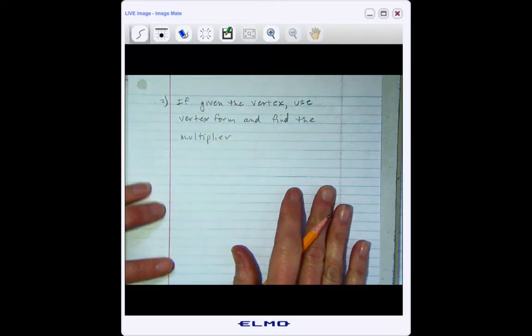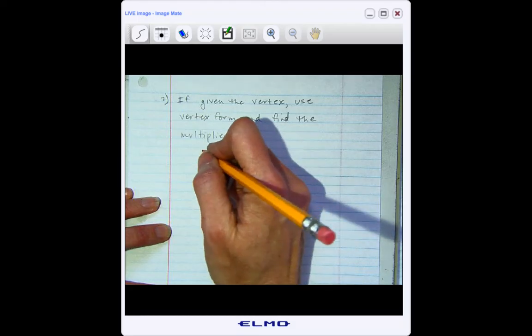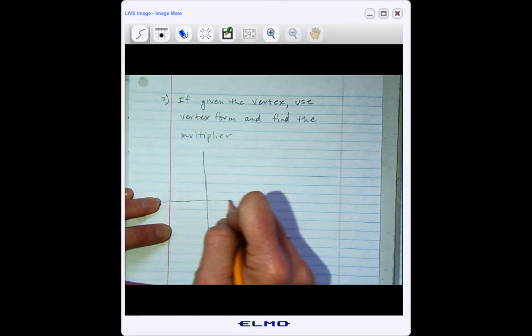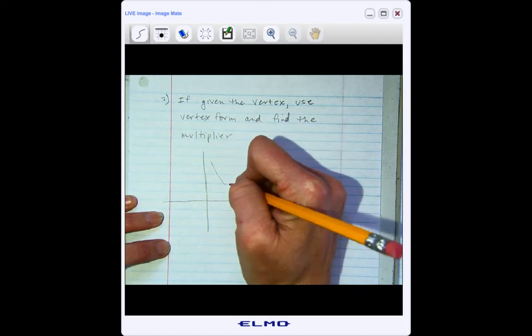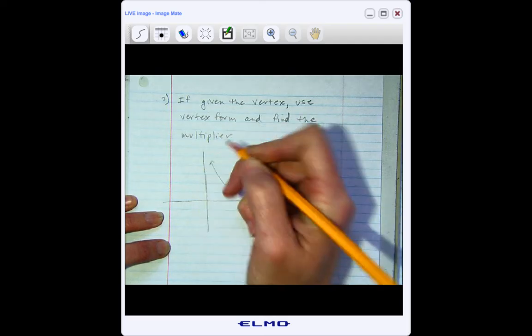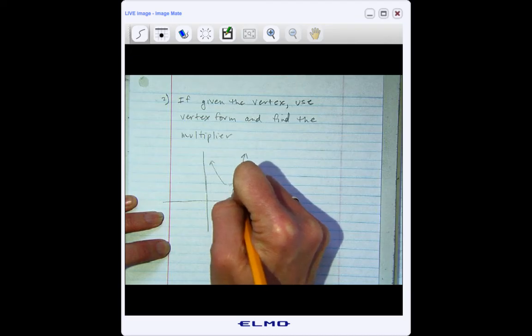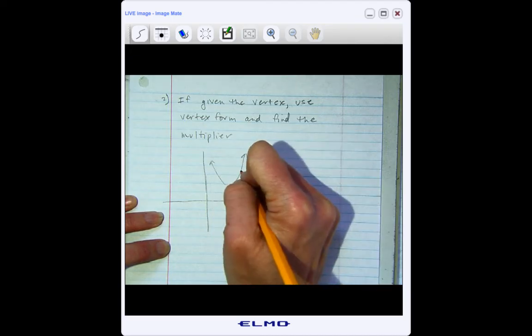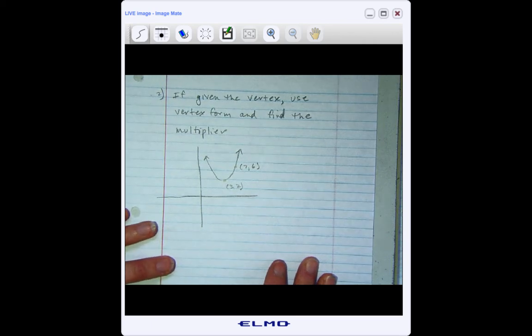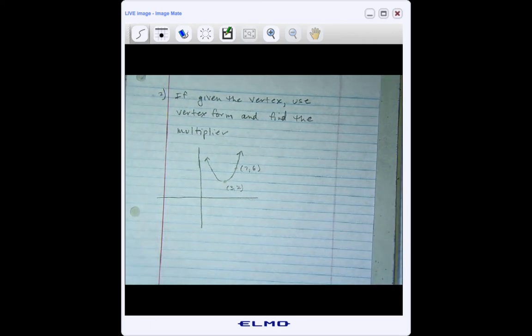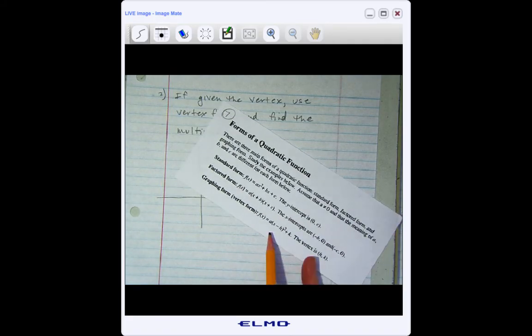All right, so let's say this is our scenario. Let's say I've got a parabola that looks like this. I'm told that the vertex is 3, 2, and it goes through the point 7, 6. Okay, so I'm going to use my vertex form.